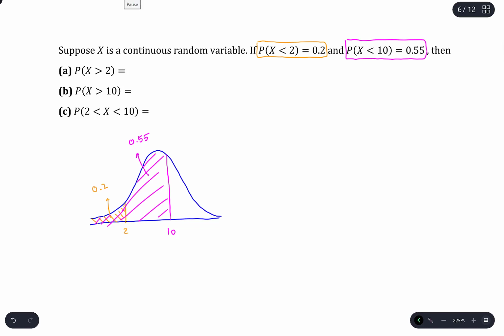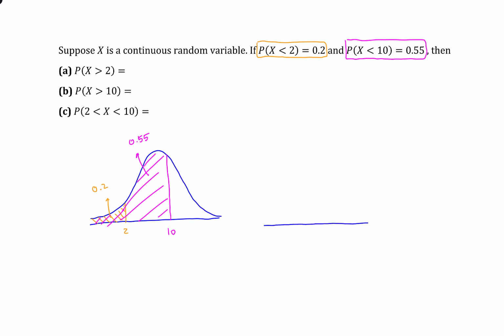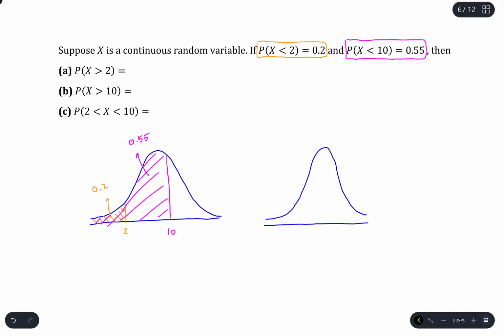So part A, the probability that x is greater than 2. Well, tell you what, let's do this. So here's my figure again. Here is 2, and here's less than 2. All right, so this region in orange is where x is less than 2.